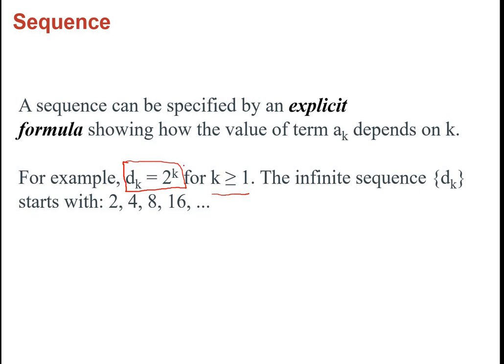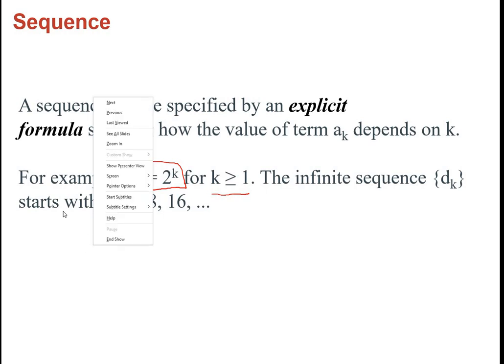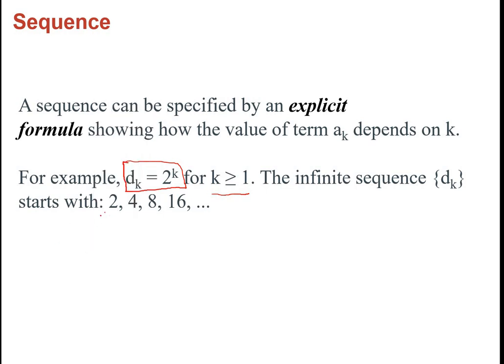You see that this sequence builds up with powers of 2. You start with 1, and then the next integer is 2, and so on. When you plug in k equals 1, you get 2. And when you plug in 2, you get 4, and then 8 and 16, and so on. So this is your whole sequence that is represented by this formula.